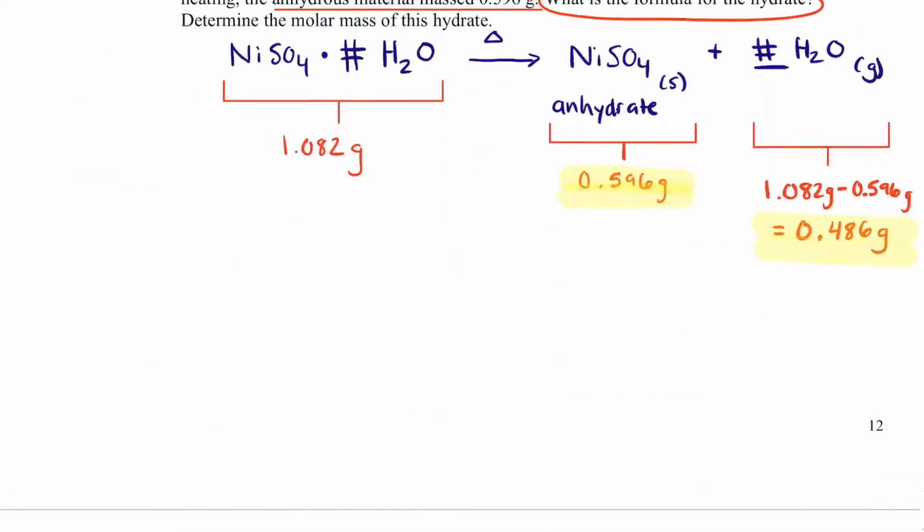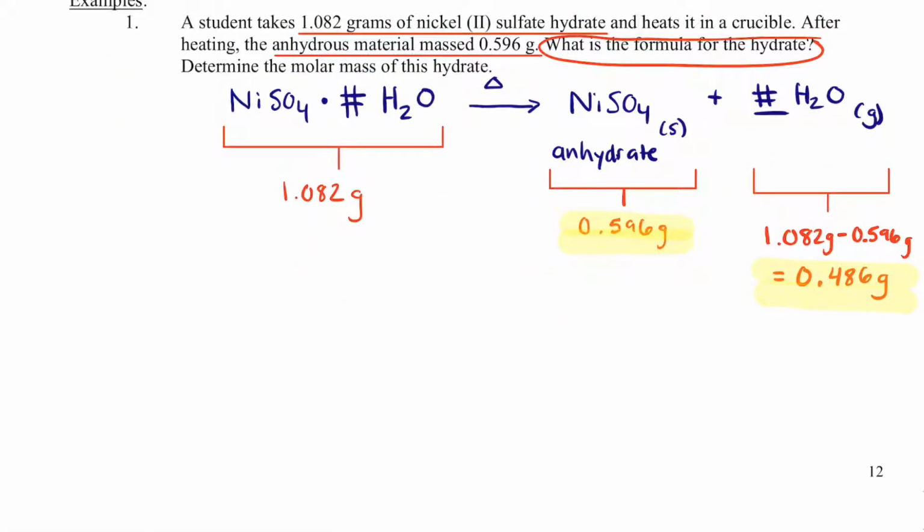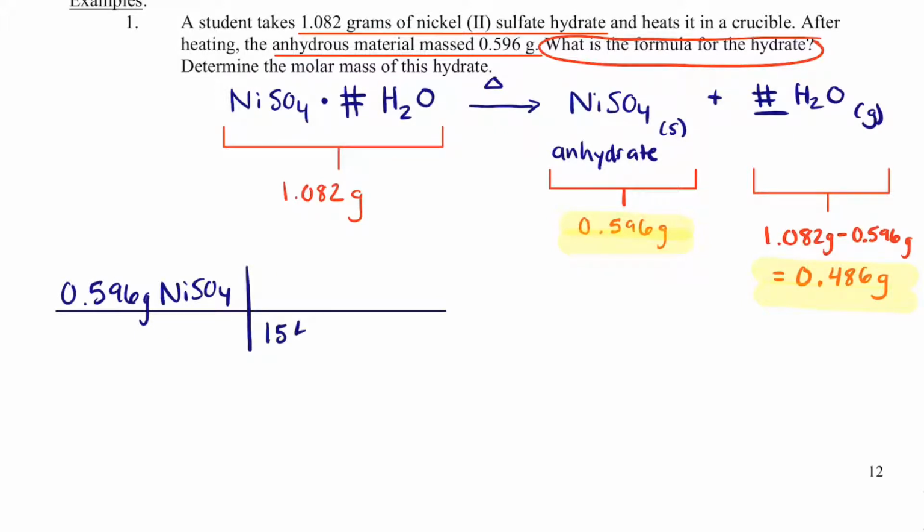Okay, let me move down here. I'm going to take 0.596 grams of NiSO4, and I'm going to convert that to moles. According to my periodic table, there's 154.75 grams of NiSO4 in every 1 mole of NiSO4.